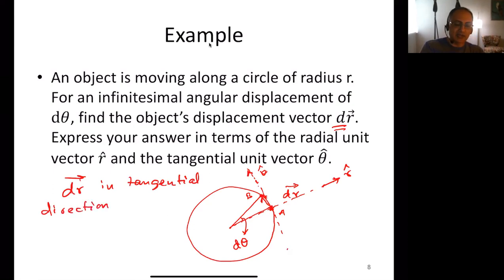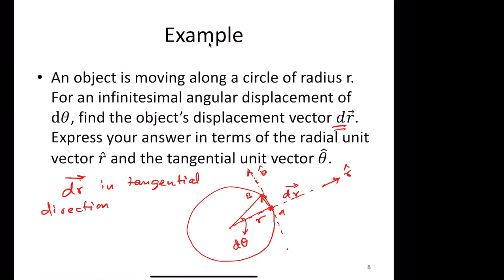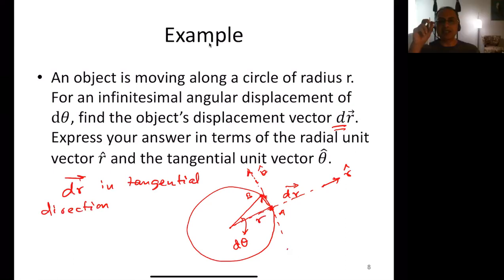And what is the magnitude of this dr? We just talked about that in terms of r and d theta. What's the actual length of the dr? That'd be r d theta. Exactly. r d theta would be its length, and we just decided that its direction will be along the tangent, which means that the vector dr would just be, can somebody tell me what it would be in vector notation with these two unit vectors that I've given you?